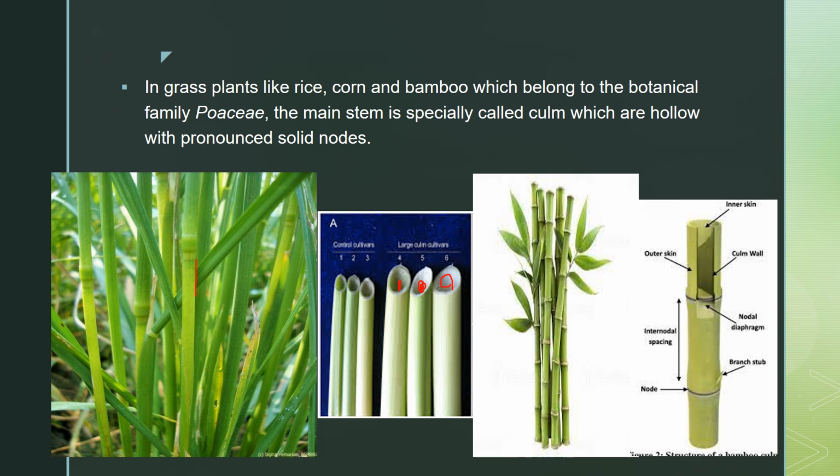This type of stem is called a culm. Another characteristic for this type of stem is that it has pronounced solid nodes. Examples are the corn and also the bamboo plant.